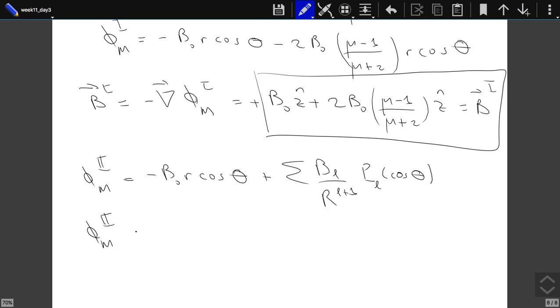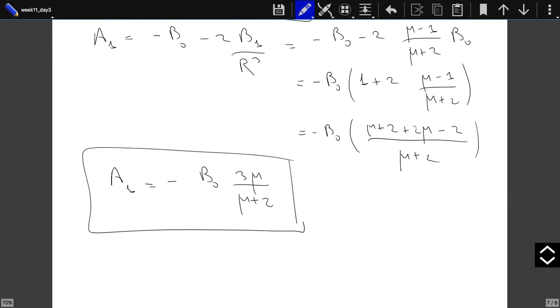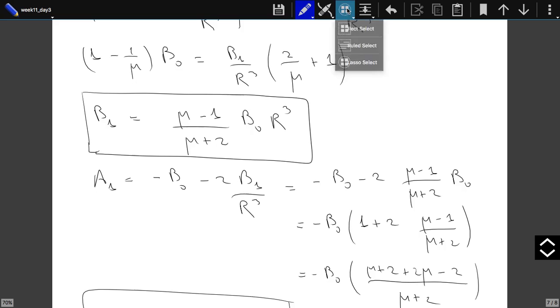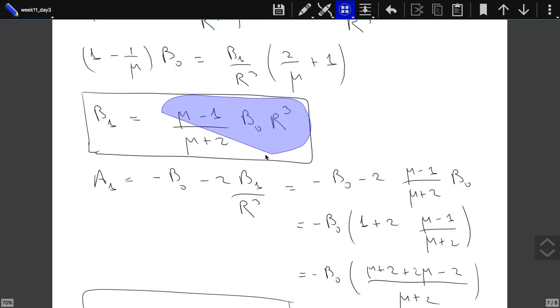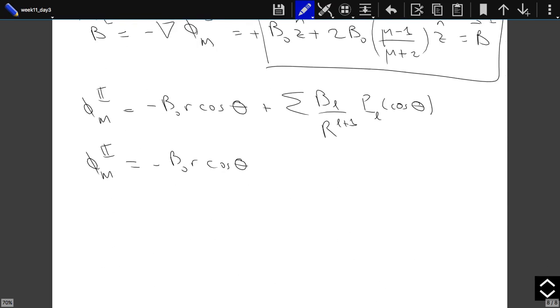So phi m2 is equal to minus B0 R cosine theta. Now B1, we had already obtained it. This one over here. So this is R, small r. So this is B1 times 1 over R squared times cosine theta.